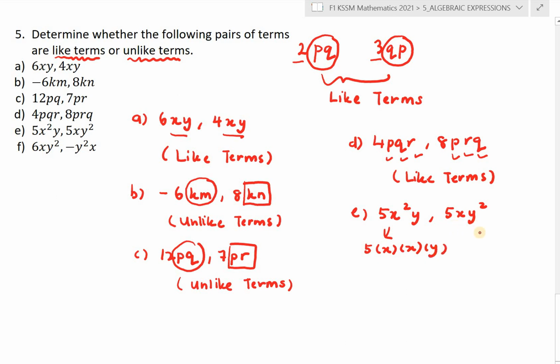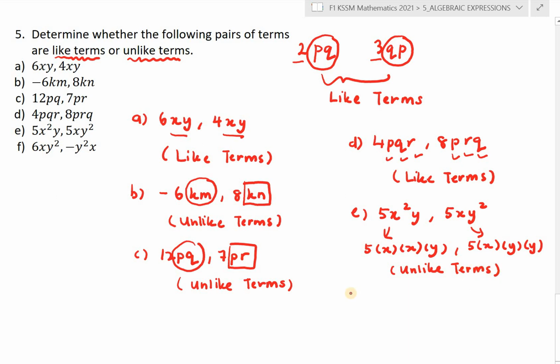Yang ini pula adalah 5 darab x darab y darab y. So, ini pula ada 2y, ini ada 2x. Okay, which is unlike lah, tak sama. Yang sebelah kiri ini kita ada 2x, yang sebelah kanan kita ada 2y. So, dia tak sama. Bila tak sama, maka ini adalah unlike terms. Okay, I hope you understand sampai situ.